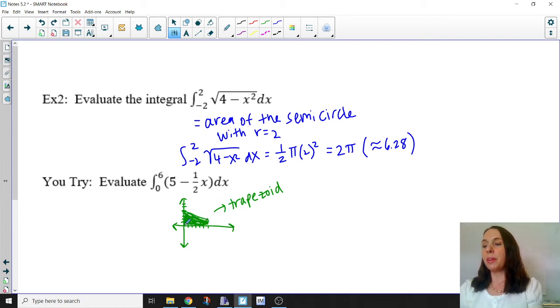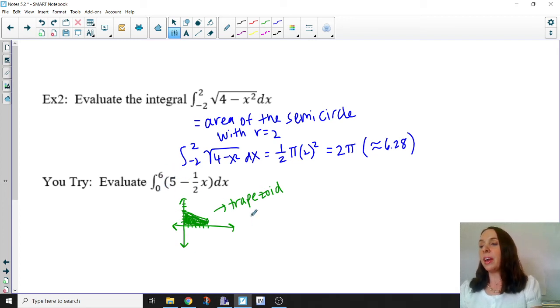And if you think about the fact that this is the point (0, 5), then you know that one of your bases has a length of 5. And this is the point (6, 2), and so that means that your other base has a length of 2. What is the height? The height is the distance along the x-axis, which is going from 0 to 6, so it's 6.